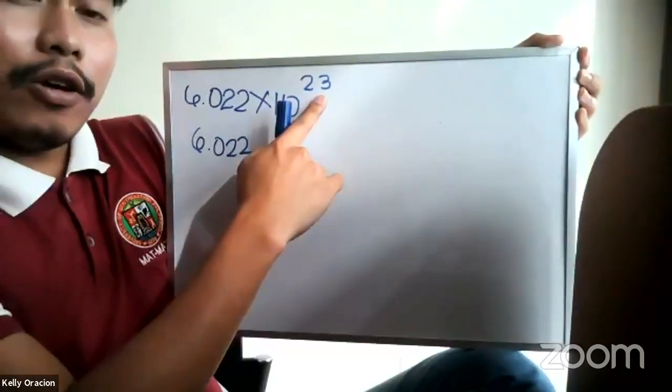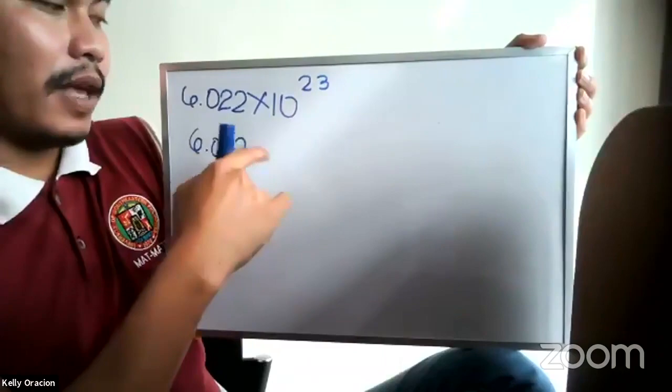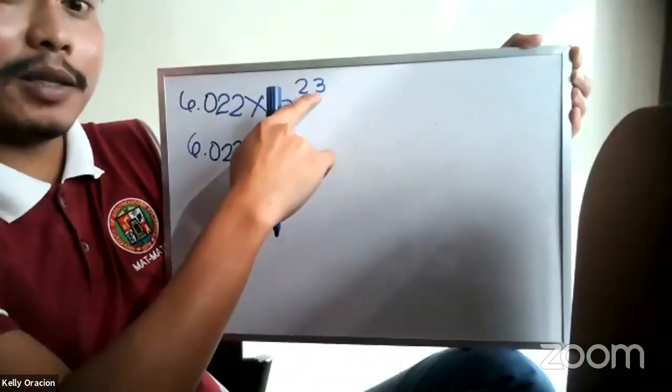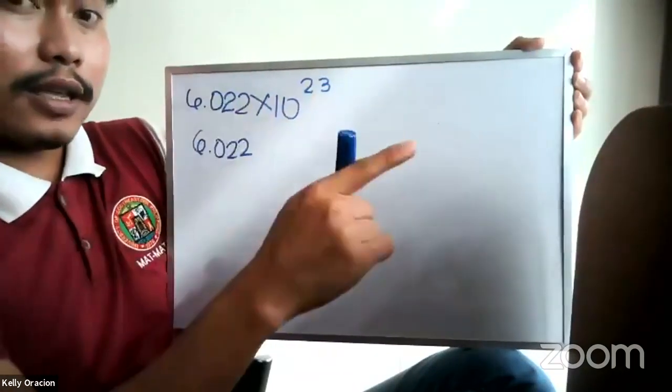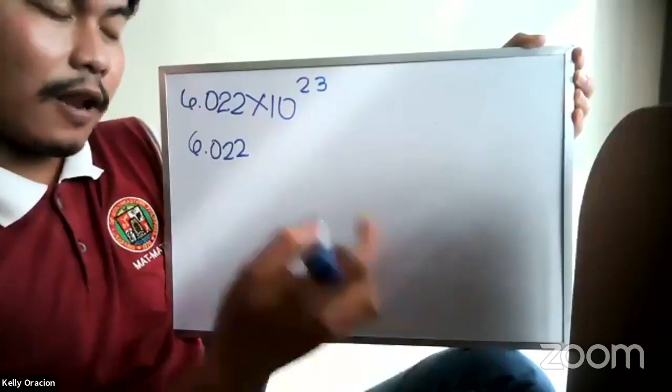Now, 23 man. So we need to move our decimal places to the right. Okay, positive man, di ba? To the right. Pag scientific notation to decimal.